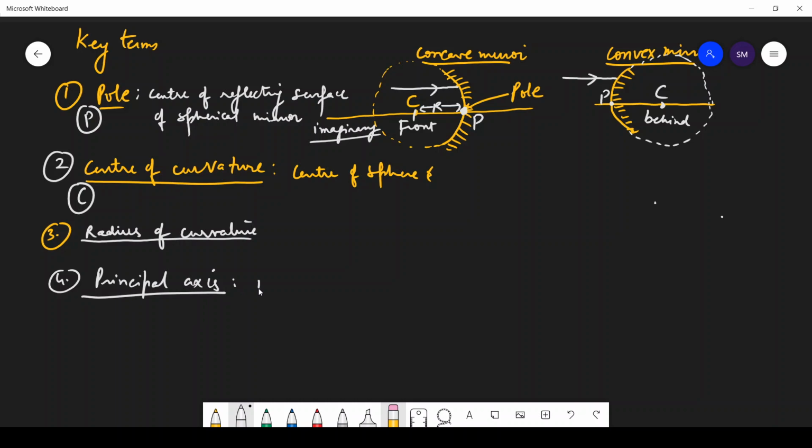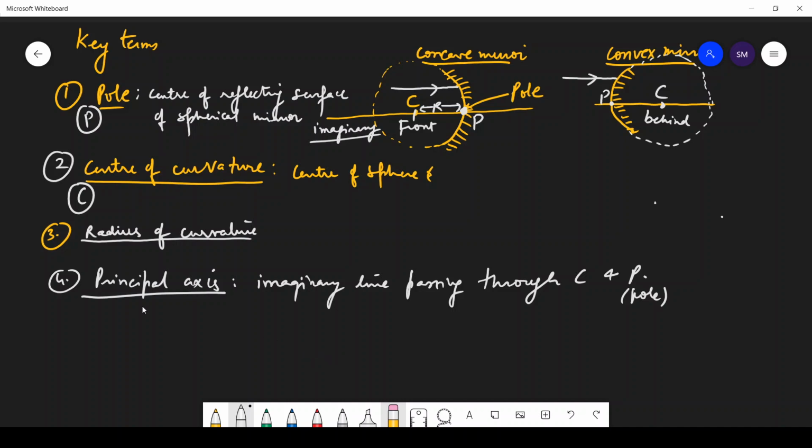So principal axis is the imaginary line passing through C and P. So this P is pole and C is center of curvature.